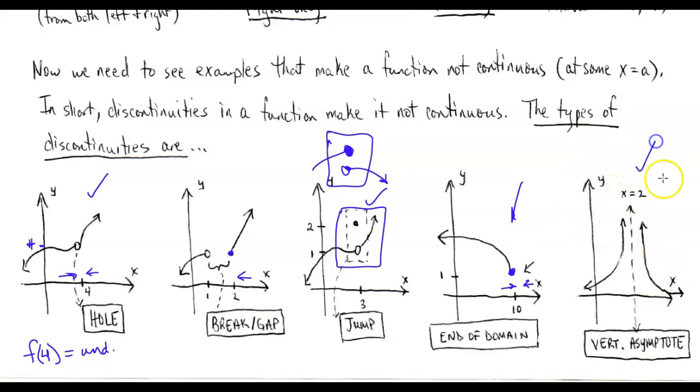Of course, from pre-cal, we know about vertical asymptotes. And of course, this is a discontinuity here. And we know in this case that the limit of this particular function as x approaches 2 coming from either the left or the right is going to end up being infinity. Okay?